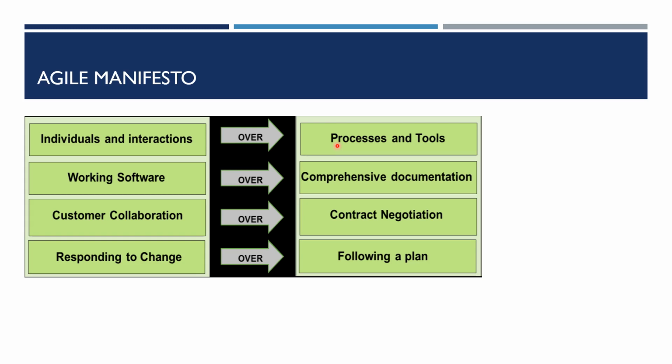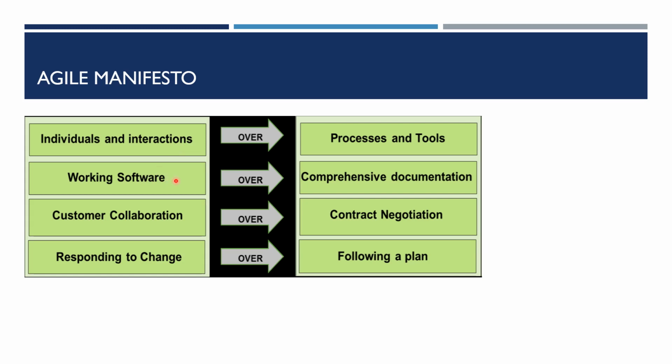The waterfall approach had a lot of focus on well-defined processes and tools. Although we have processes and tools in Agile as well, here the focus is more on the people working on it and how they interact with each other on a day-to-day basis, right? The collaboration, that's the focus.